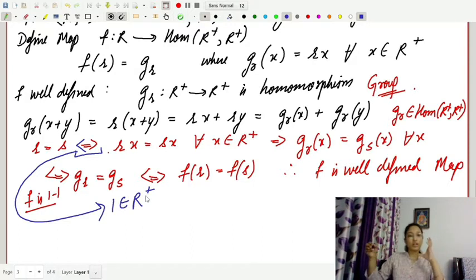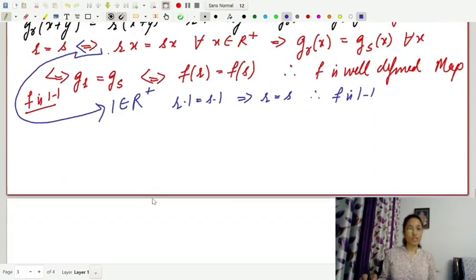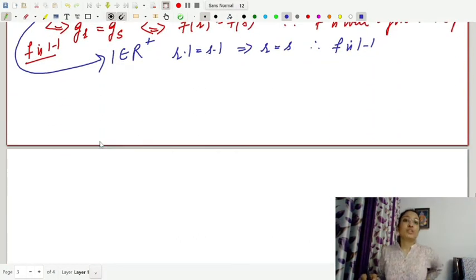Therefore we have taken a ring with unity, so that 1 belongs to R, and therefore r·1 is equal to s·1, which in turn implies r is equal to s, and therefore F is 1-1. सिर्फ फंक्शन को 1-1 शो करने के लिए, इसलिए हमें ये कंडीशन चाहिए थी that ring should be with unity. Now F को एक एम्बेडिंग शो करने के लिए हमने 1-1 शो कर दिया, वेल डिफाइंड शो कर दिया.